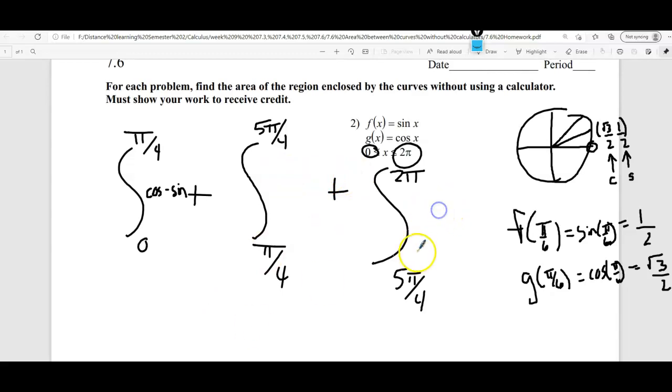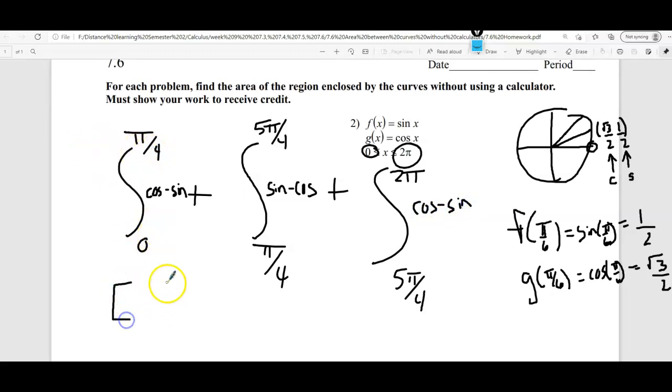The other one will be like the first one. Sine minus cosine. And I'm leaving the x out just for space, but there's supposed to be an x in there.